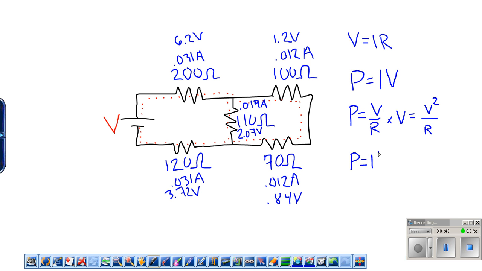So then we'll just multiply current times resistance, which equals I squared R. So now we've got three wonderful equations: P equals IV, V squared over R, or I squared R. If you have any two of those pieces of information, you are able to calculate power.